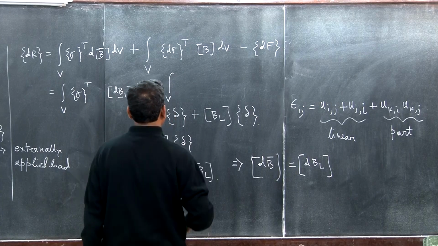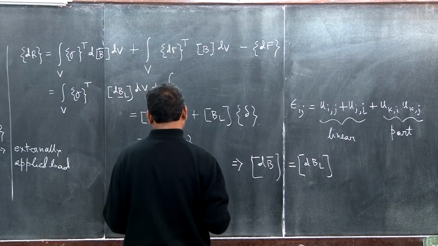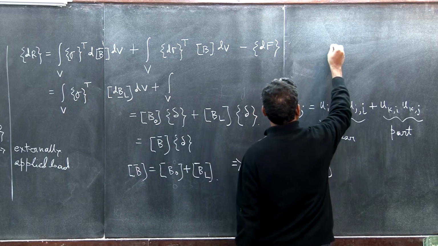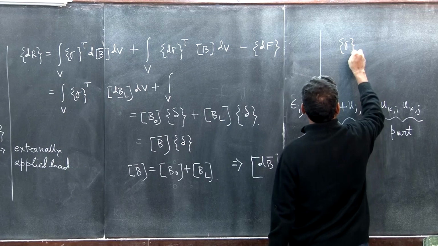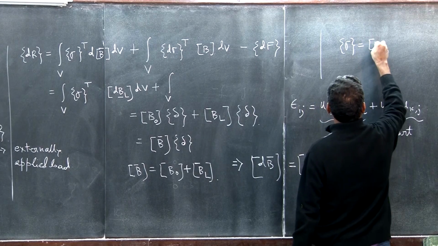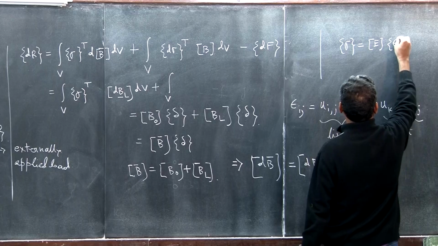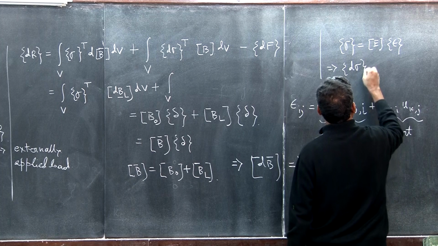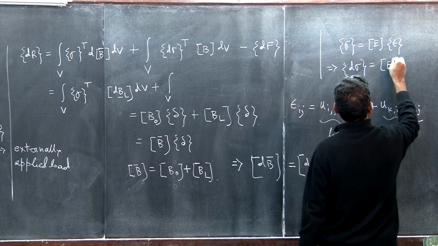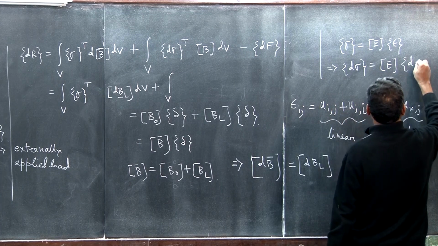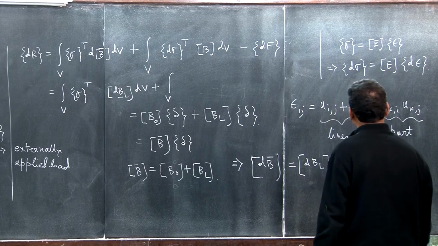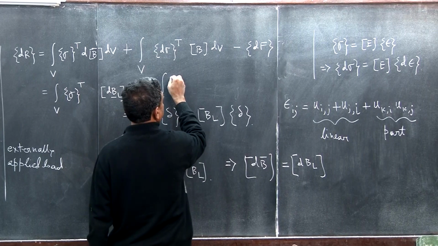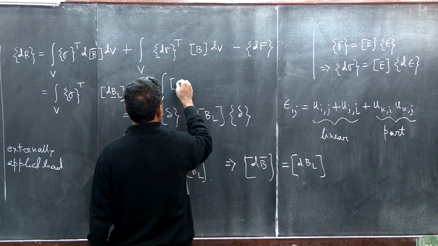When I'm writing d sigma bar, d sigma is nothing but what? You can write sigma is E into epsilon, right? So then d sigma is E into d epsilon, right?